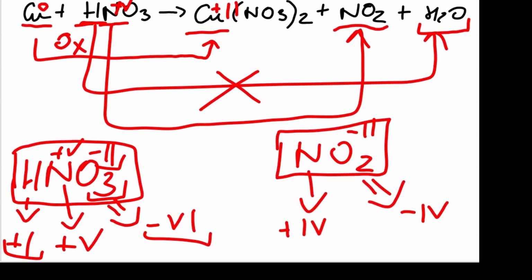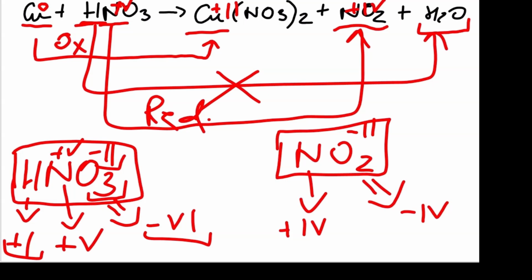So we now see that there is a change of oxidation state between nitrogen in nitric acid and nitrogen in nitrogen dioxide. So we found the reduction reaction. The oxidation state of nitrogen decreased from plus 5 to plus 4.